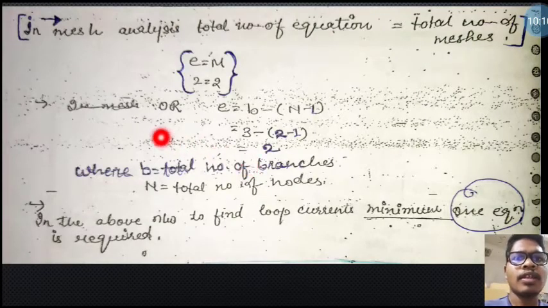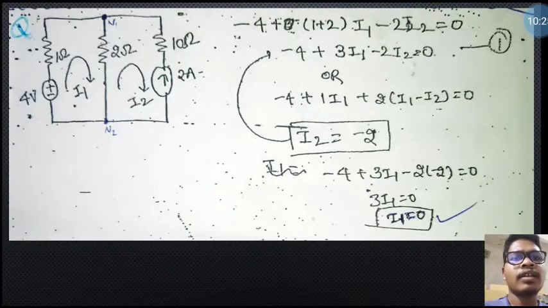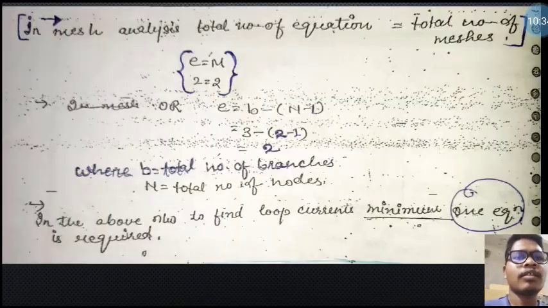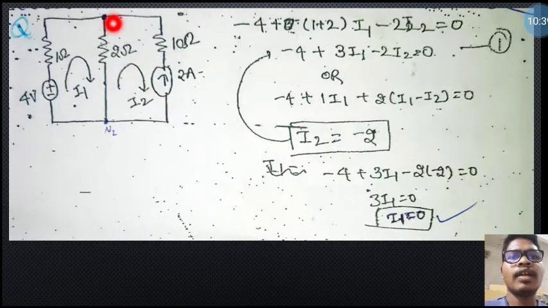Now see, the number of equations is also equal to B minus (N minus 1) in brackets. What is B? B is your total number of branches, and N is your total number of nodes. Here there are 3 branches. This is one branch, this is another branch, and this is another branch. Then the number of nodes: this is node N1 and another node N2, so there are 2 nodes in this network.